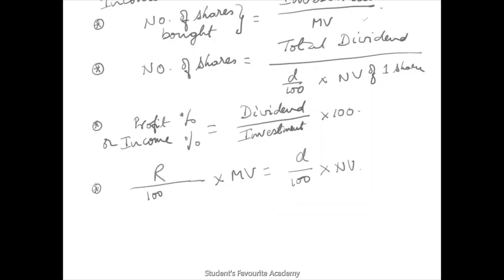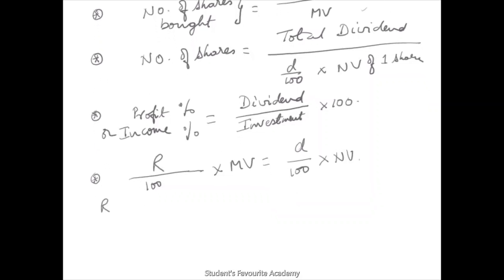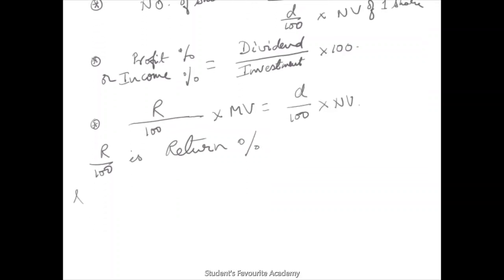Where R upon 100 is return percent, and D upon 100 is dividend percent.